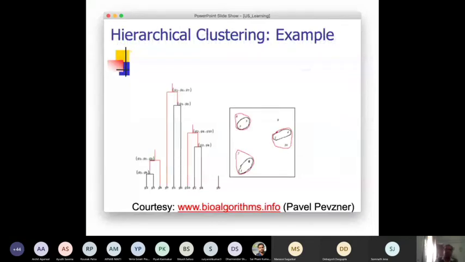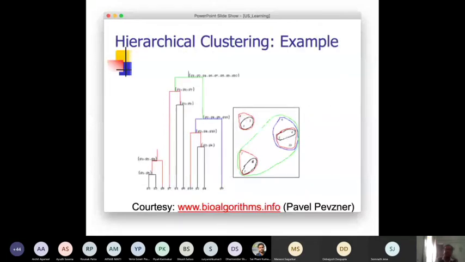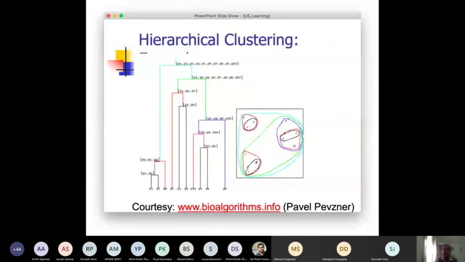We are building the corresponding clusters, and at different levels of hierarchy, the structures will be revealed. As you can see, with different colors it is showing, initially, the bottom level. Of course, all 10 things are there, but if you go to a certain level of hierarchy, this is actually called a dendrogram.